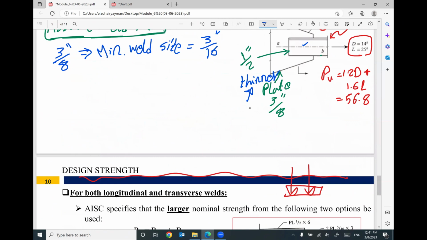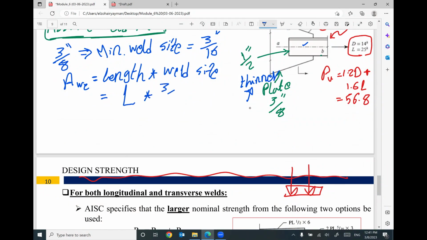So the effective weld area equals the length times the weld size. The length is unknown, the weld size is assumed 3/16 inch. So your value will be 3/16 times L. Looks good so far.